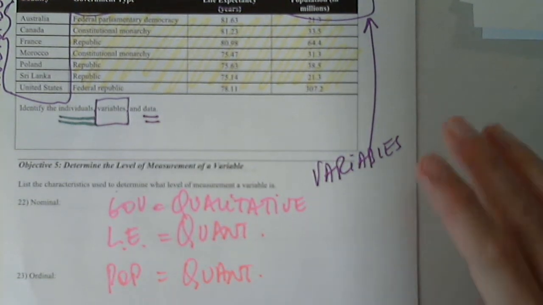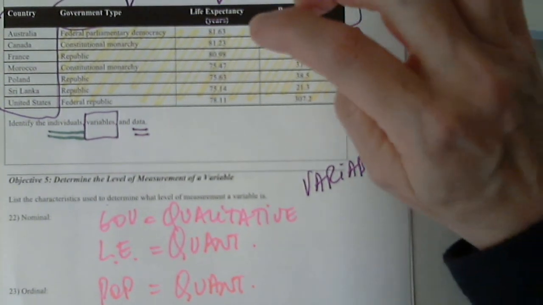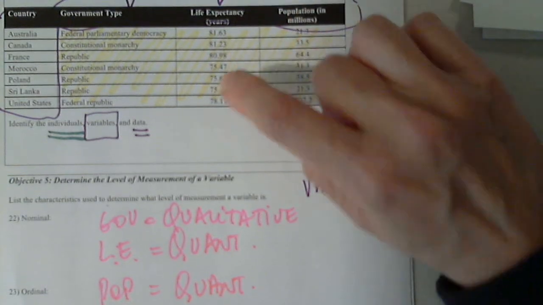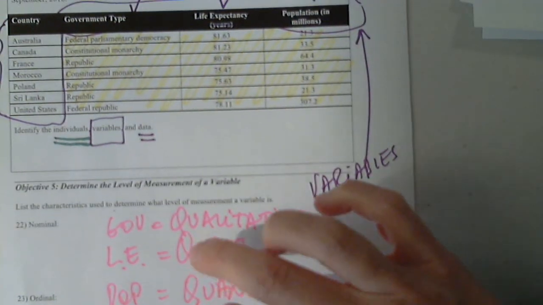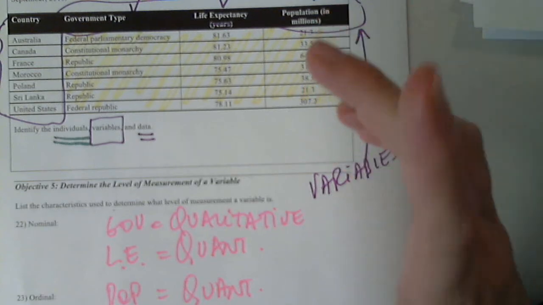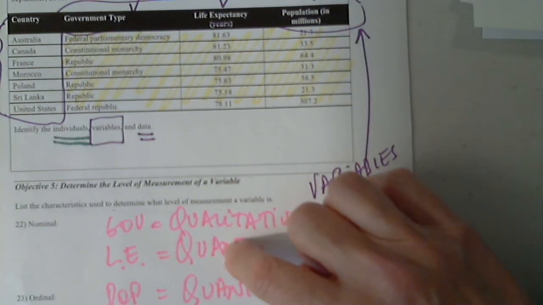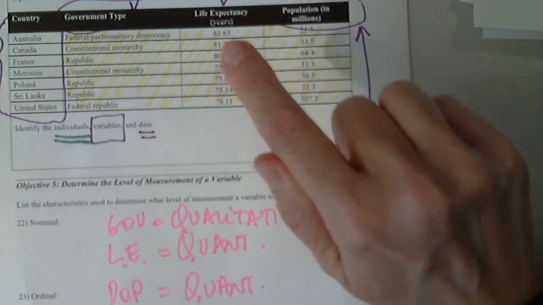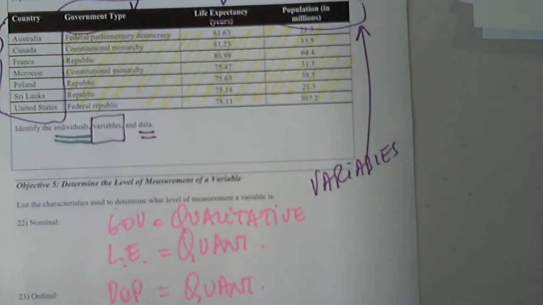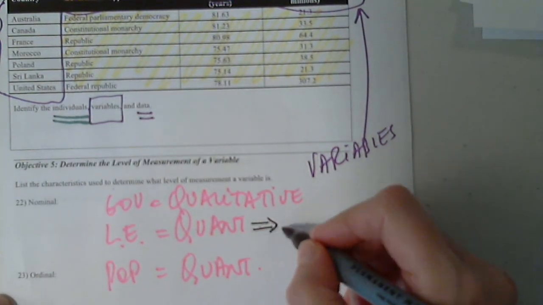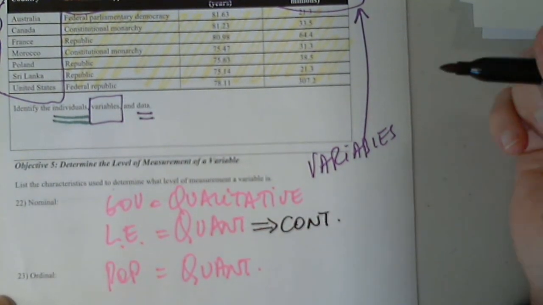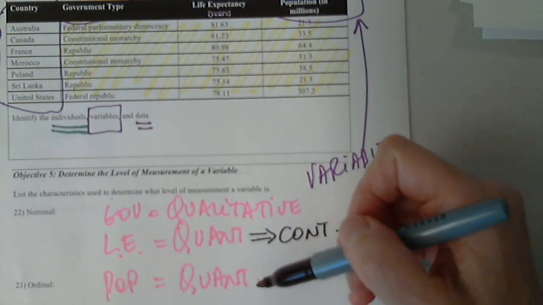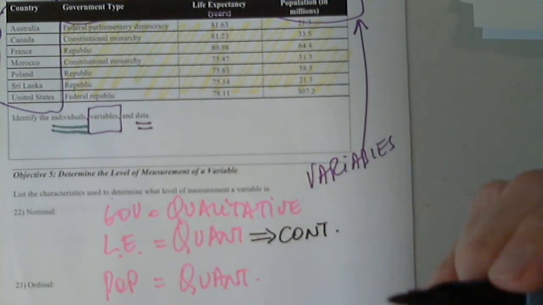Now I would like one more thing to identify. The life expectancy. Is it discrete? Because we know quantitative can be discrete or continuous. Quantitative, life expectancy, excellent. It's time, it's in the years. Is it discrete or continuous? Continuous. Great job. Quantitative, population is quantitative, excellent.